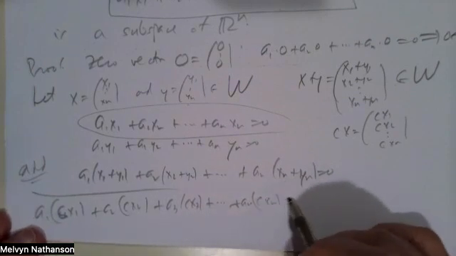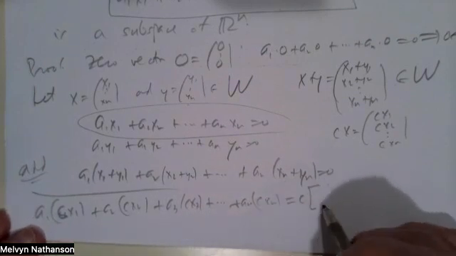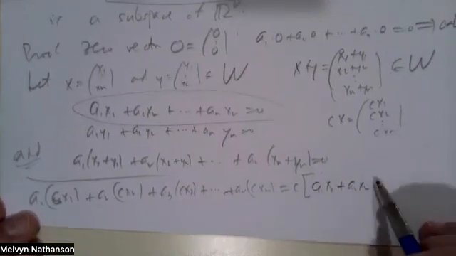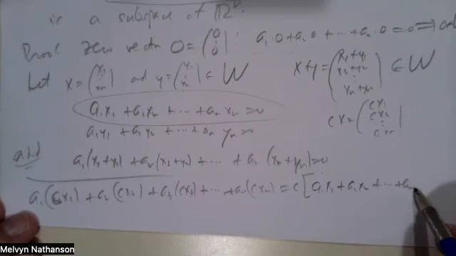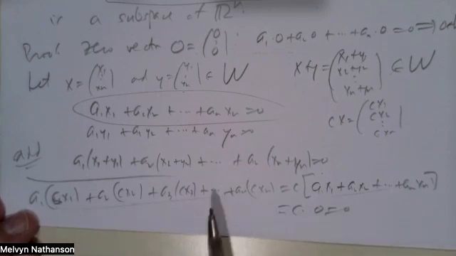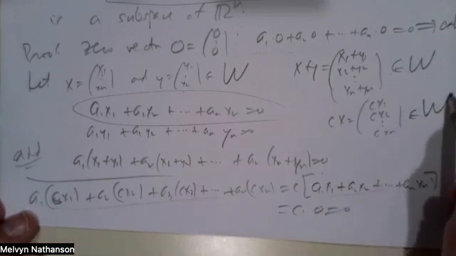But I can factor a c out. This is c times a1x1 plus a2x2 up to an xn. But this is 0. This is c times 0, which is 0. So this vector is also a solution. So cx is in W.